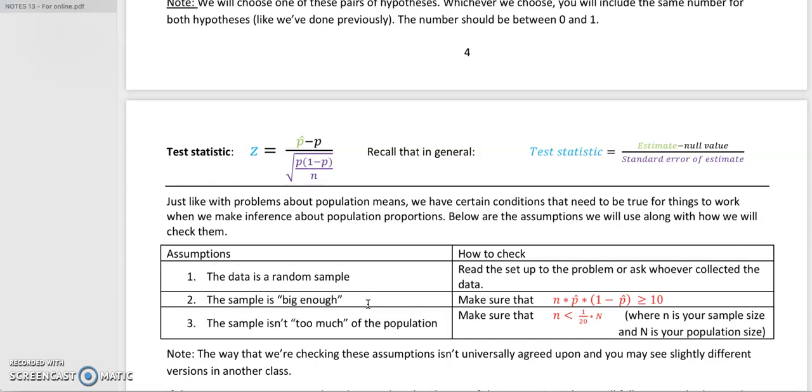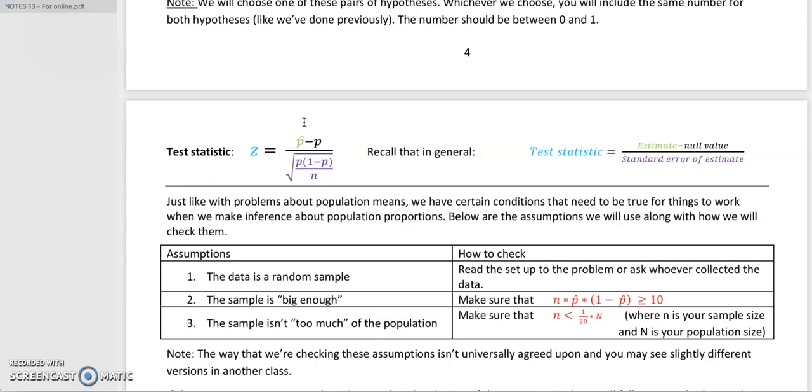I can have 0, 1, 2, 3, or 4 of the people in my sample that have whatever condition I'm talking about. And so there's really only a small number of possible test statistics that I could get as well. And that's not going to look like a normal distribution. It's going to look really jagged.